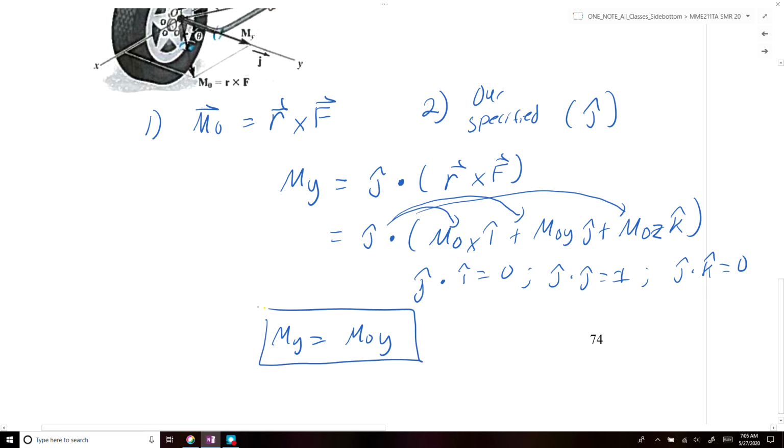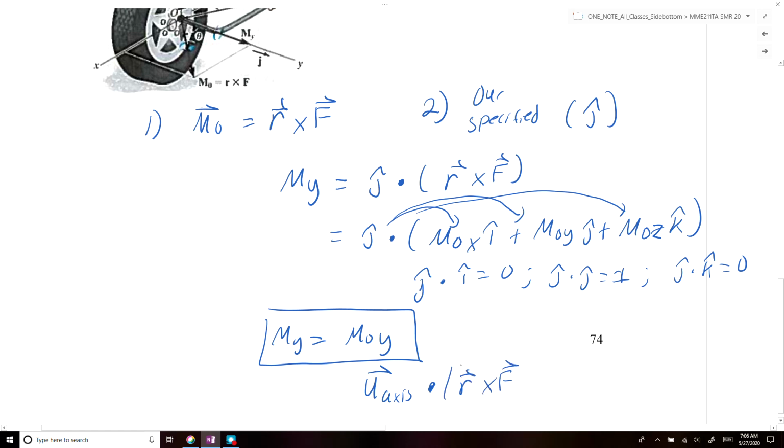In general, we might have an axis that's not as simple as just the y-axis. In that case, we can define our axis using a unit vector, and take the dot product of that with our moment.